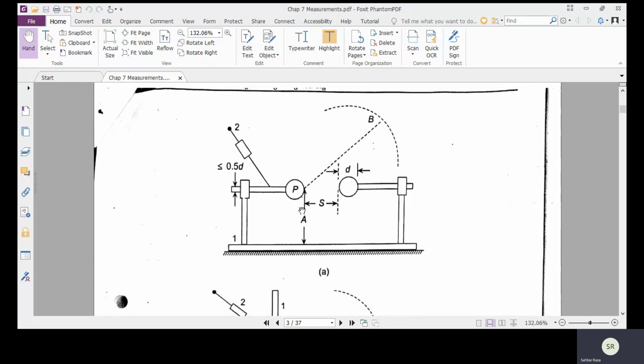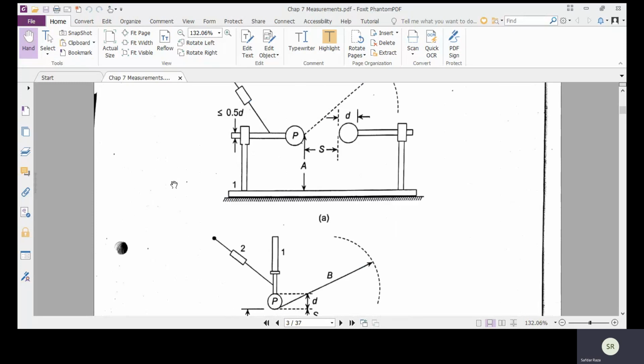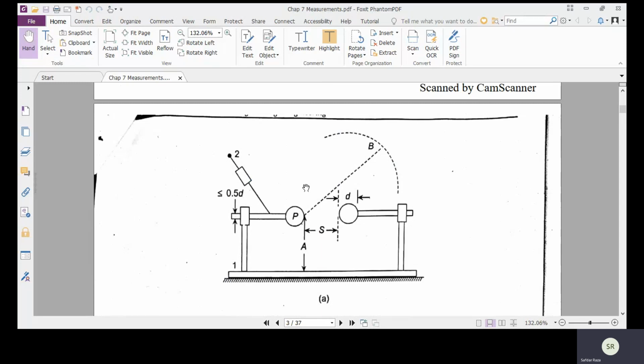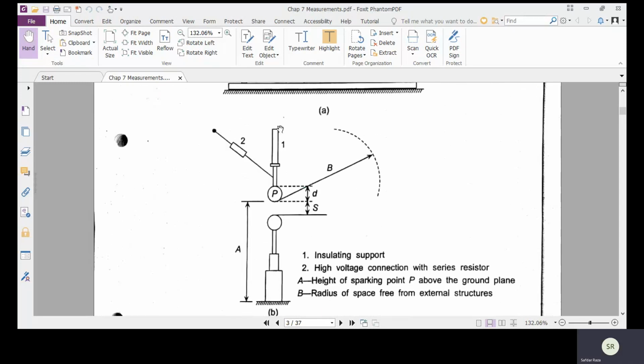So this movable arm will move instantly from this position to the other end. So it is better that all the spacing around the movable electrode should be clear. In horizontal arrangement, it should be like this one, and in vertical arrangement, it should be like this one. And we should not place any other thing within this clearance.